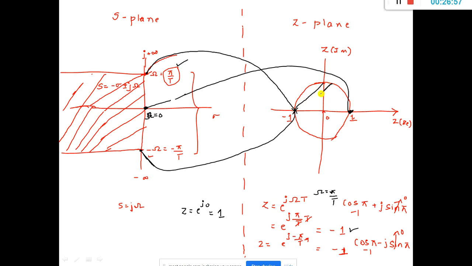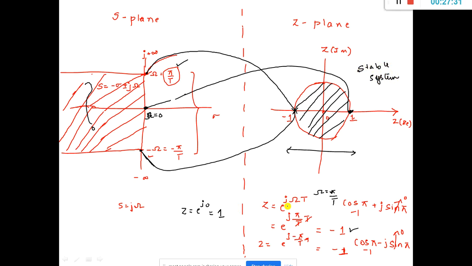That is where all the frequency components of my s plane are going to be mapped onto the z plane within the unit circle, that is, within the range from minus 1 to plus 1. Hence, whatever you have designed, the equation that we derived for H of z, is a completely stable system. This is one of the conclusions that we draw here.